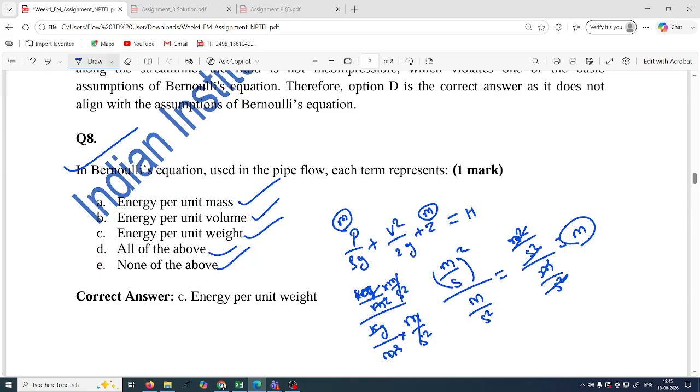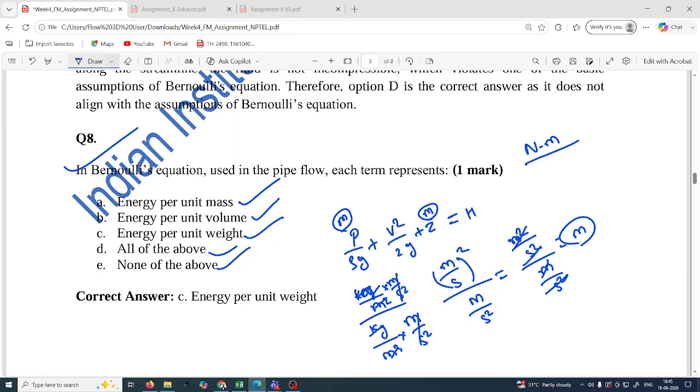Now, energy per unit weight means what? Energy per unit volume means what? And energy per unit mass means what? The energy unit is Newton meter.